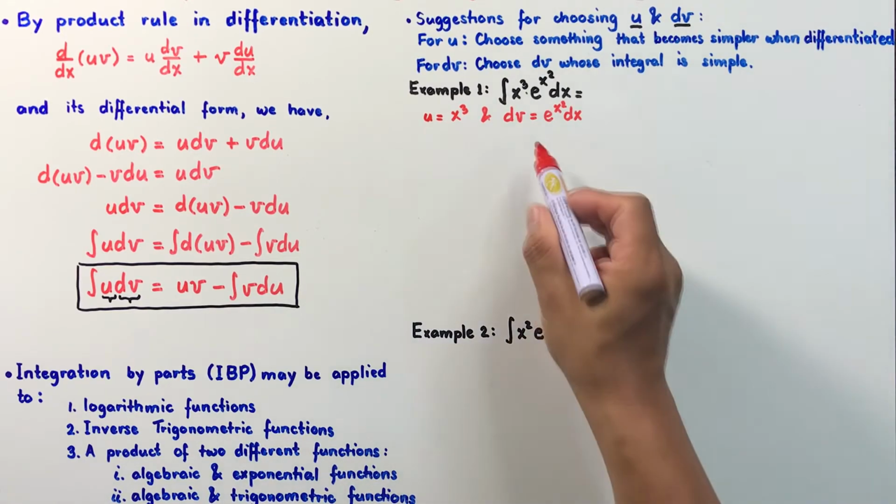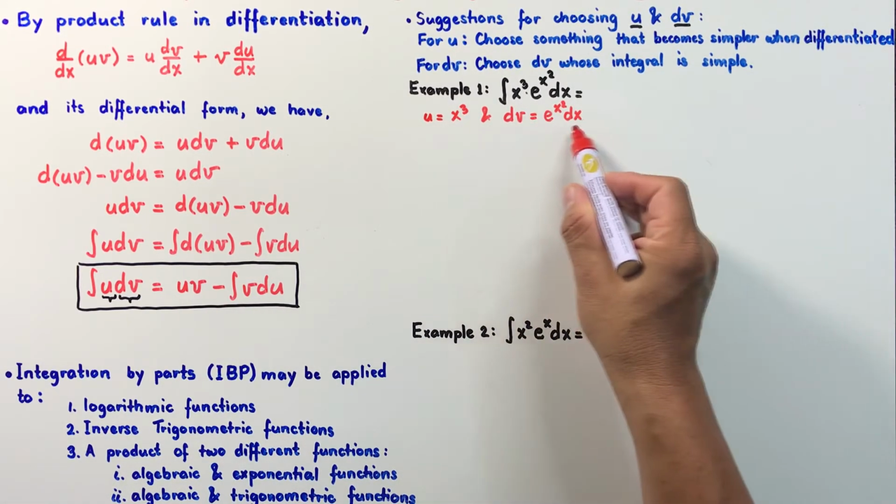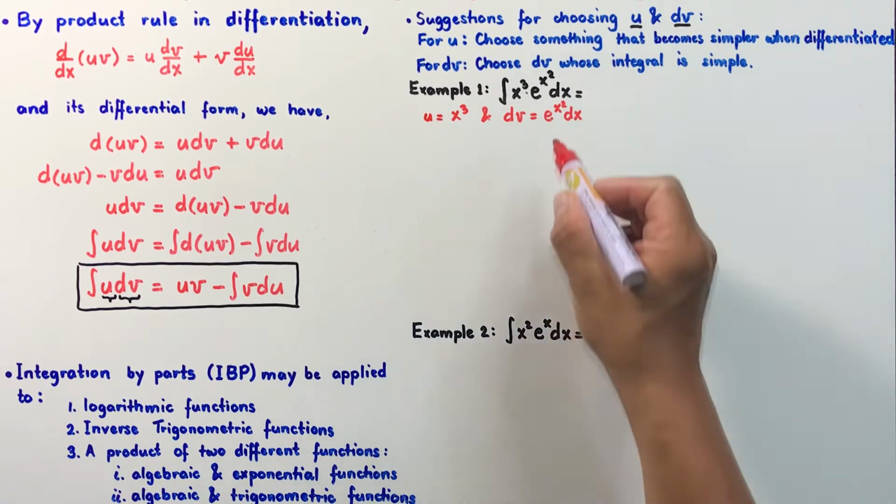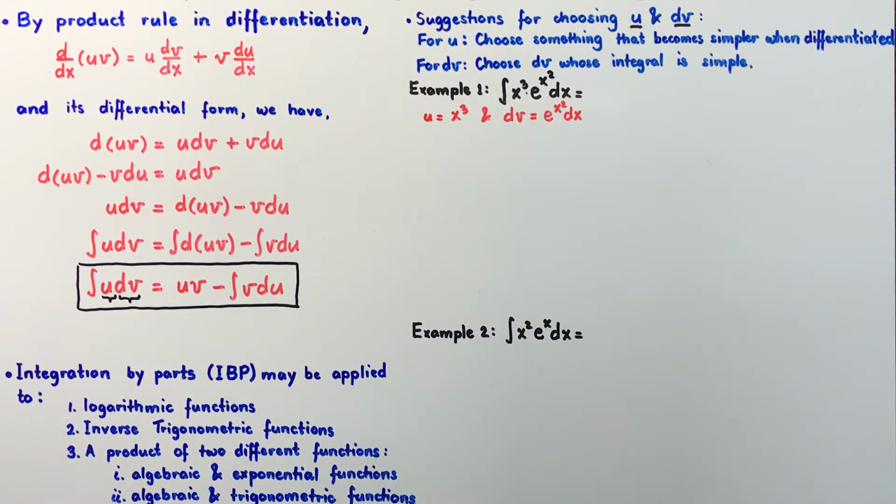But the problem here is that the dv is not readily integrable, because e to the power x squared is an integrand that is not easily integrable. Because what is the integral of e to the power x squared? I know that based on your previous basic knowledge of integration, this is very difficult to integrate.